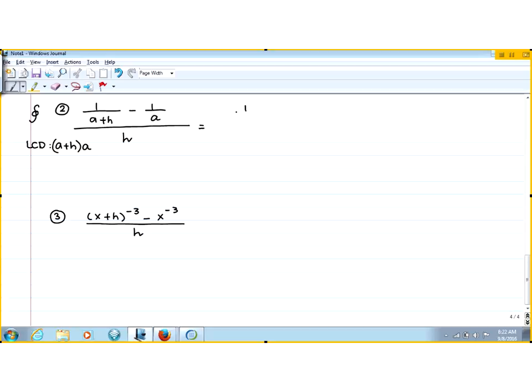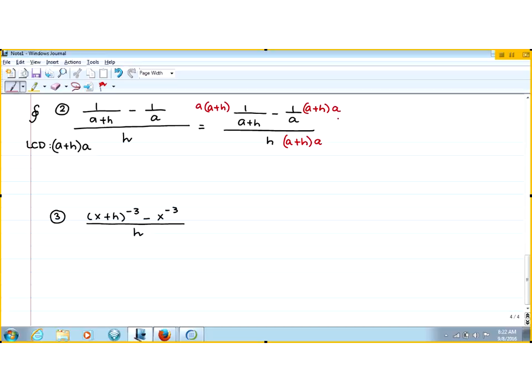Okay, so I'm going to copy this again: 1 over a plus h minus 1 over a, divided by h. My LCD is a plus h times a.